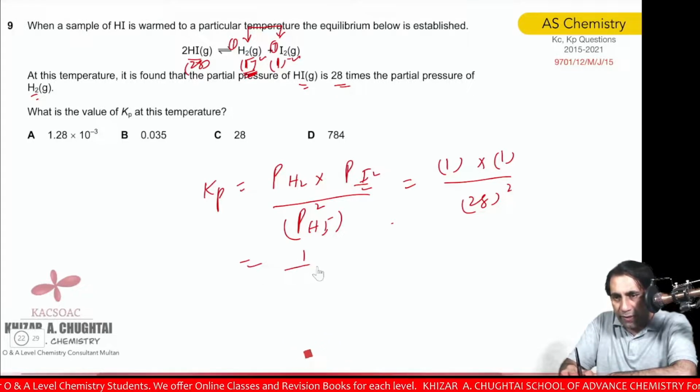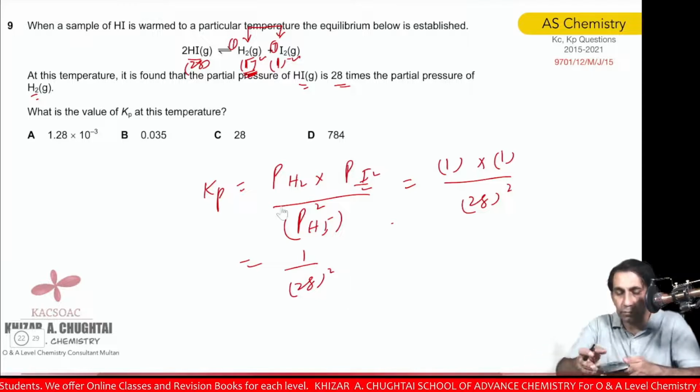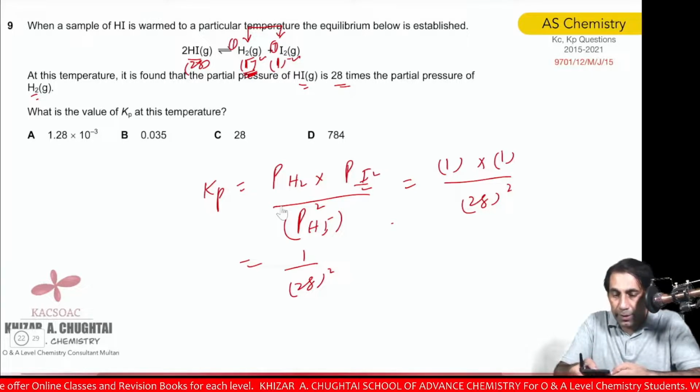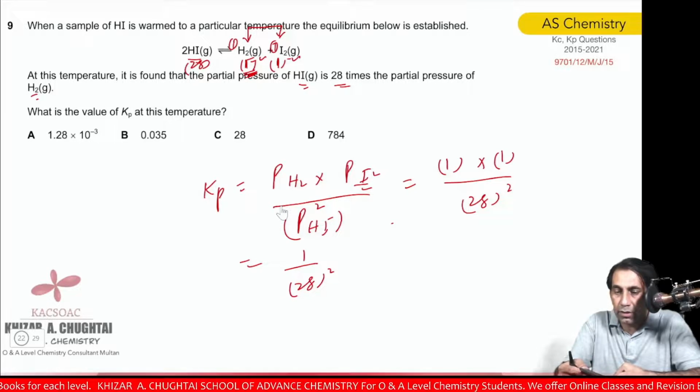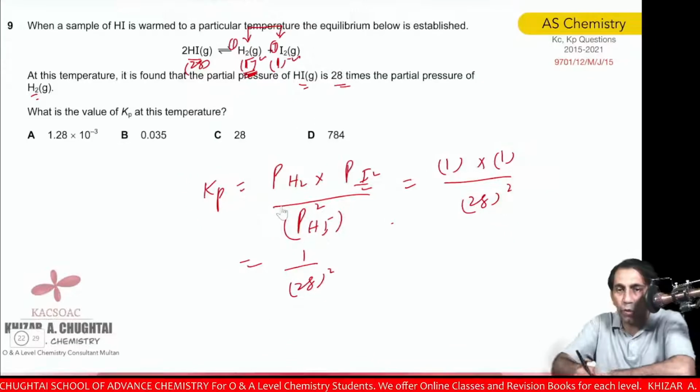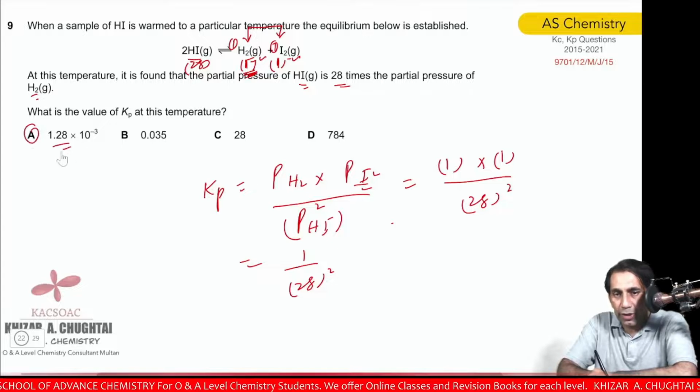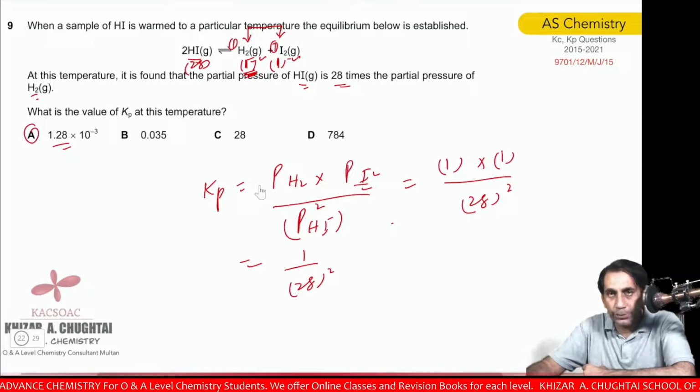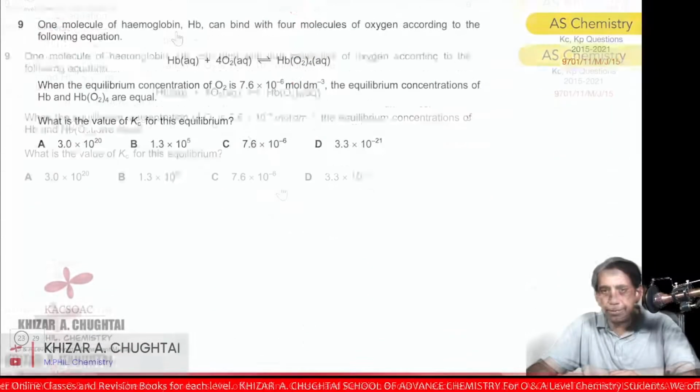So 1 divided by 28 square, and the answer is 1.28 into 10 to the power minus 3. So A is the correct option.